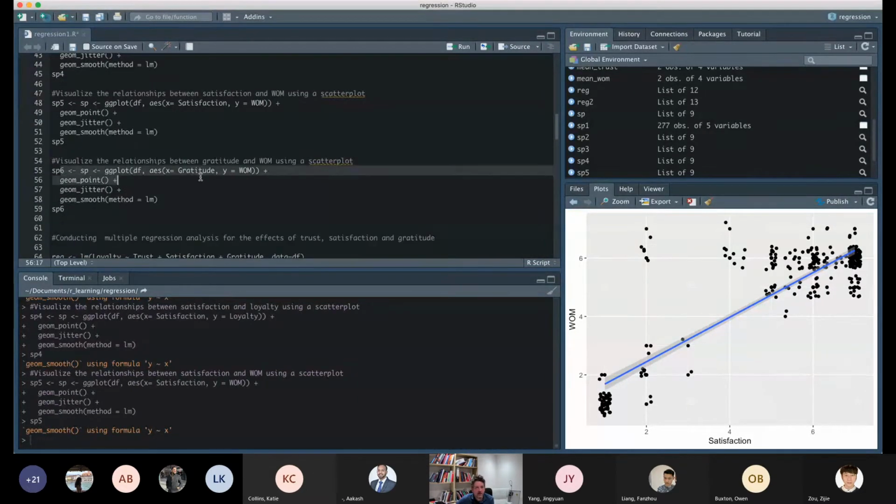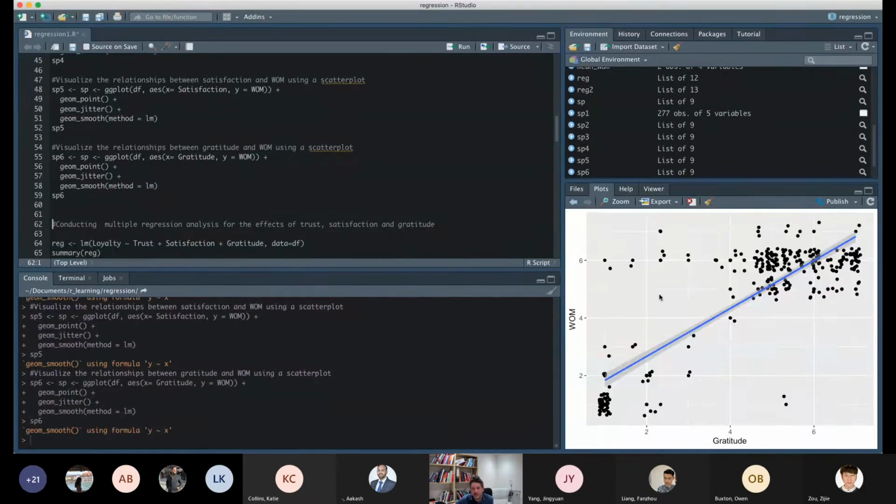Next one, we looked at gratitude and word of mouth. Again, looks all right. So this is just a graphical exploration of the data, but that's not really an inferential regression analysis. Any questions so far about the scatter plots?